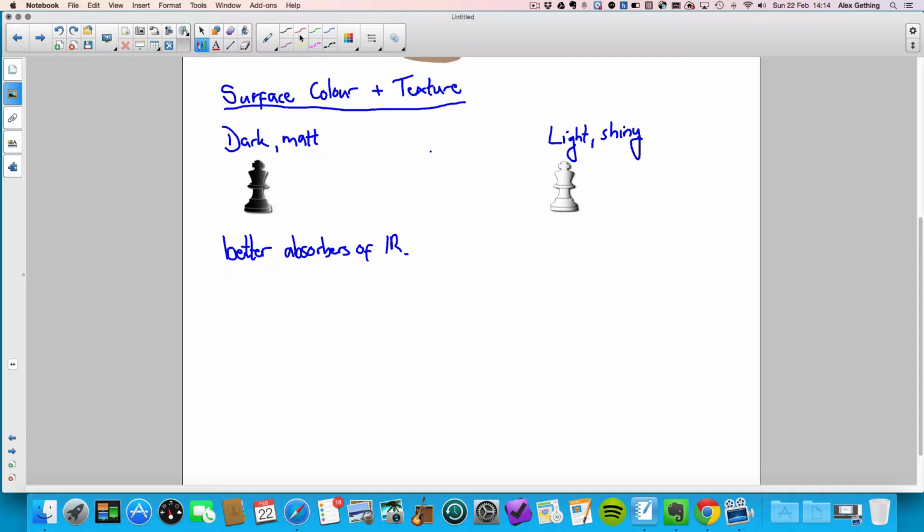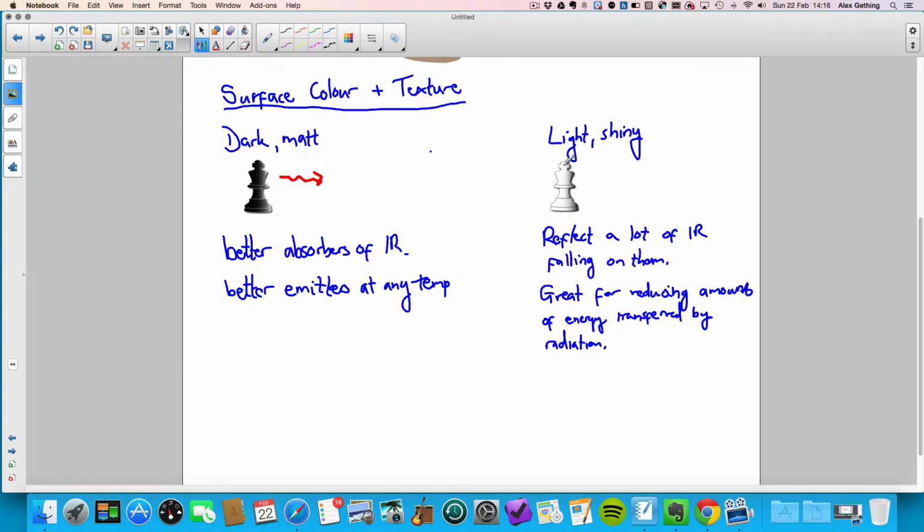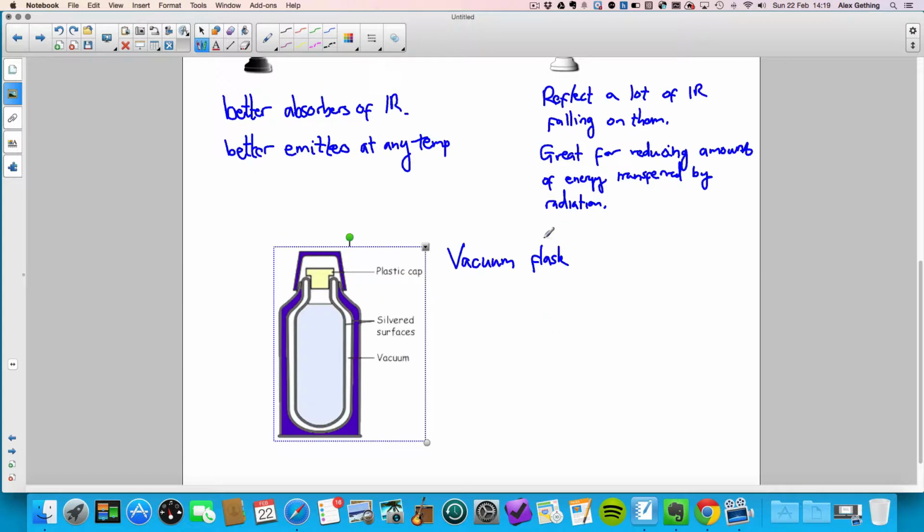So they're much better at actually giving some of this energy off when you compare them to a light shiny object. Shiny surfaces reflect a great deal of the infrared radiation that actually falls on them, and this makes them very, very useful in terms of reducing the amount of energy transferred. So if you're looking to reduce that, that's the colour and texture that they should be.